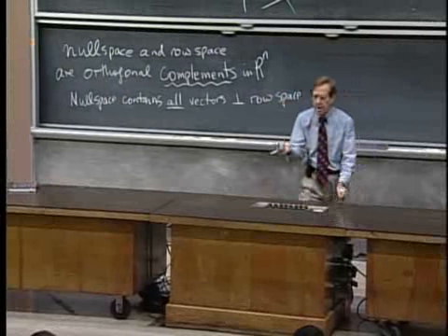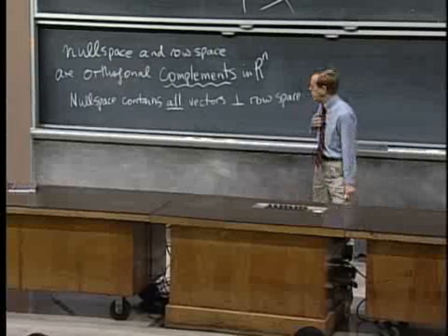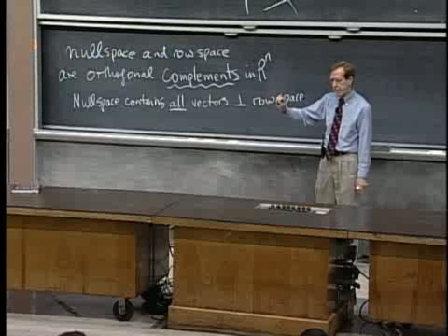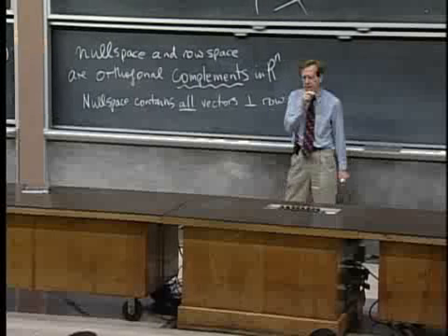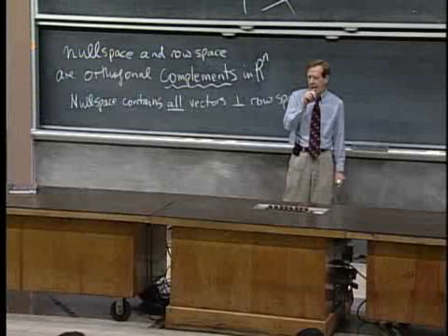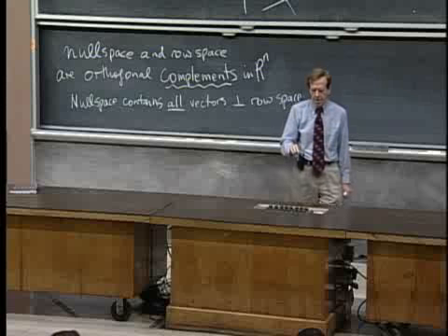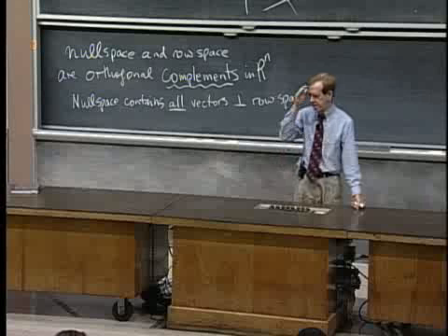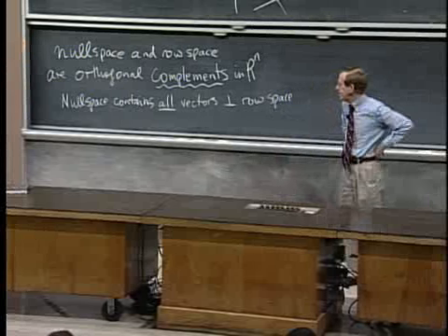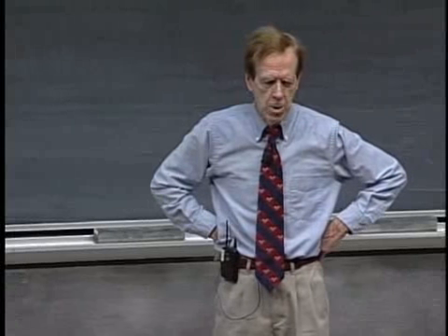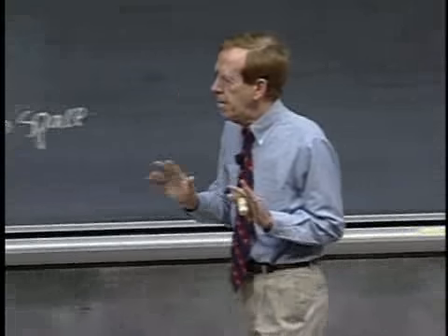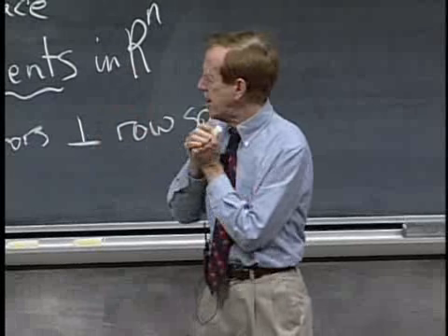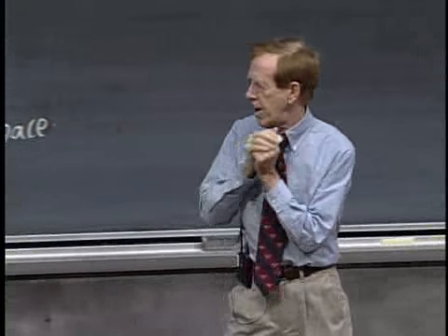So part 1 is about their dimension. Maybe I should call it part 2 now. Their dimensions we got. Now we're getting their orthogonality. That's part 2. And part 3 will be about bases for them, orthogonal bases. So that's coming up. Okay. I'm happy with that geometry right now.